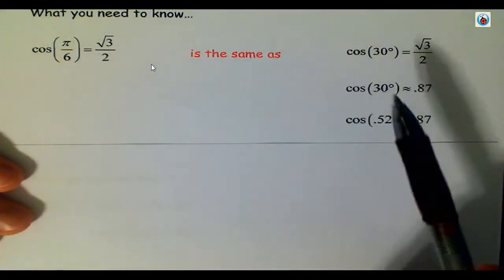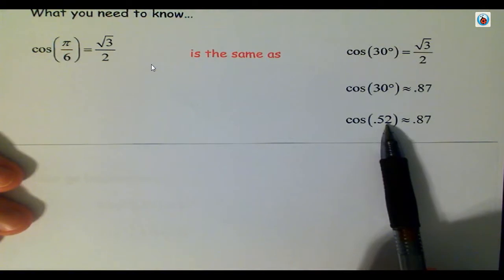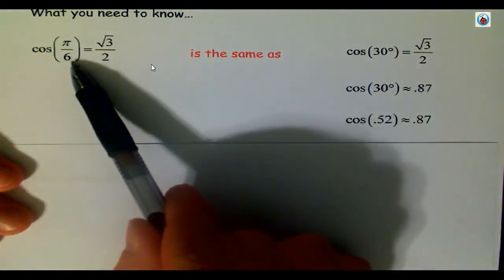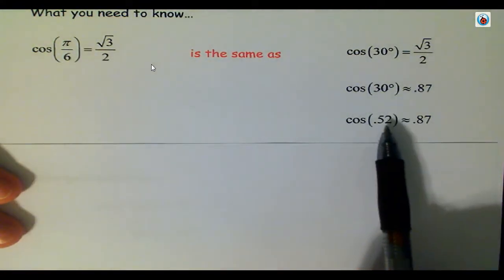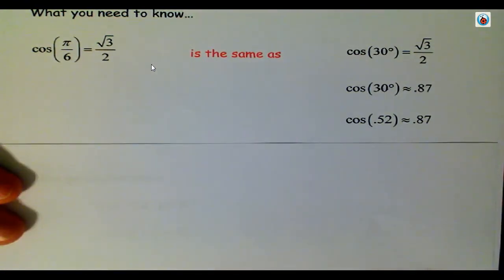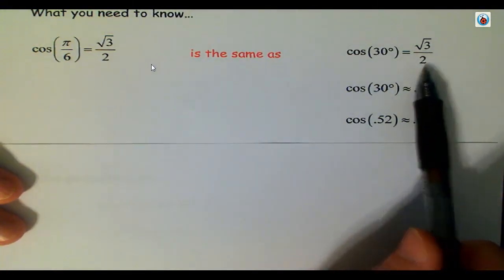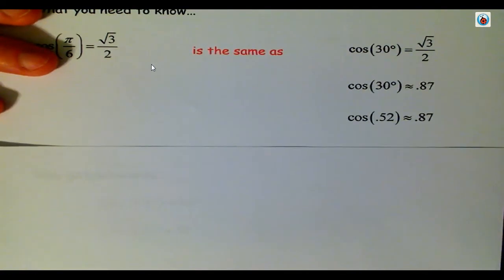And then we can also say that cosine of 0.52, which is the radian value, okay, so it's the same thing as, roughly anyways, as pi over 6, alright, is approximately 0.87, alright, which is, again, square root of 3 over 2. So all of these things actually mean the exact same thing. So we kind of got to realize that as we go through these notes.